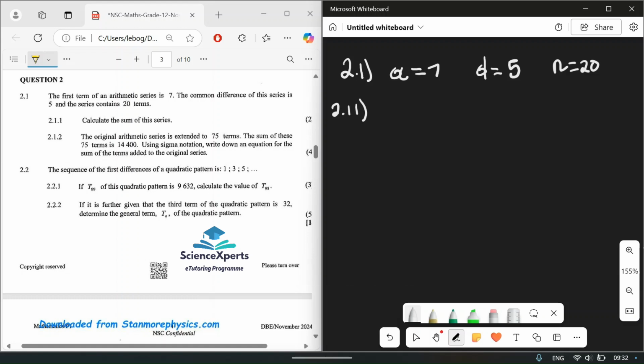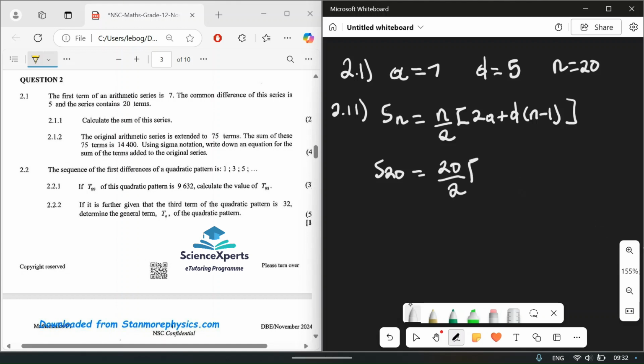So the sum of this series, S20. Let me write the formula first. Sn equals n over 2 into 2a plus d into n minus 1. S20 is what we are calculating, because this series contains 20 terms. So it's 20 over 2 into 2a, which is 7, plus d, which is 5, into 20 minus 1.